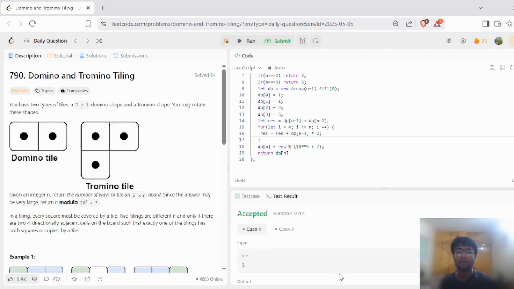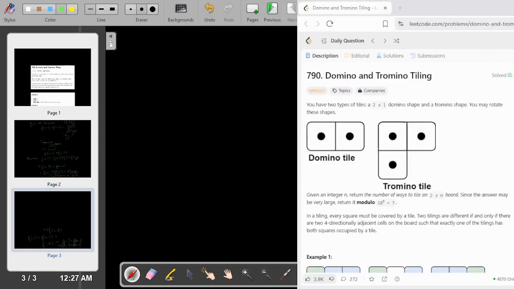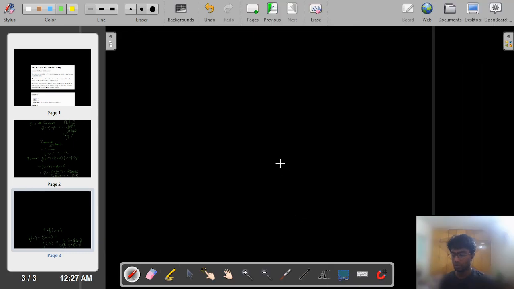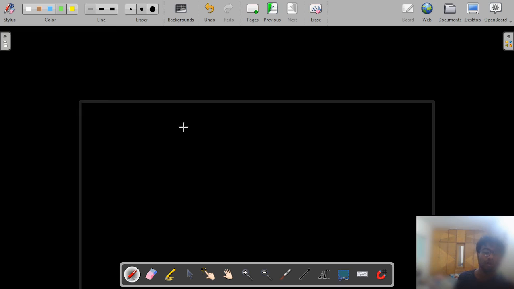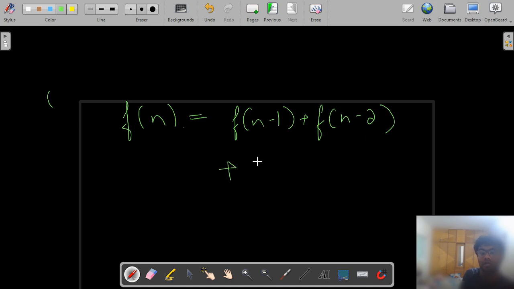There is one final optimization that I want to highlight. Let's go back to our drawing board. If we recall, we said we add an initial function, say f of n minus 1 plus f of n minus 2, and we consider the Tromino's condition as 2 times f of n minus 1.